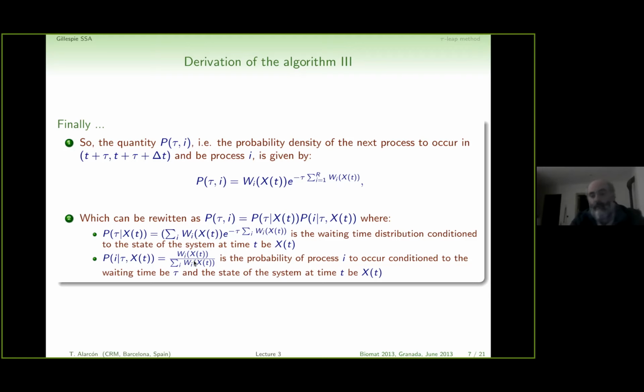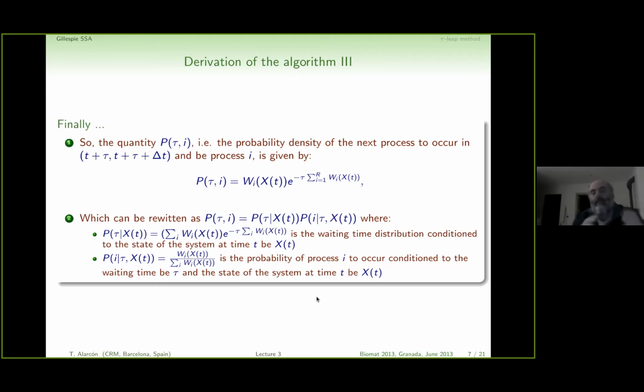And the probability that a birth happens is the rate of birth divided by the sum of the birth plus the death rate. Again, you can see that if you add this over all the possible values of I, this is giving you something that is normalized to 1.